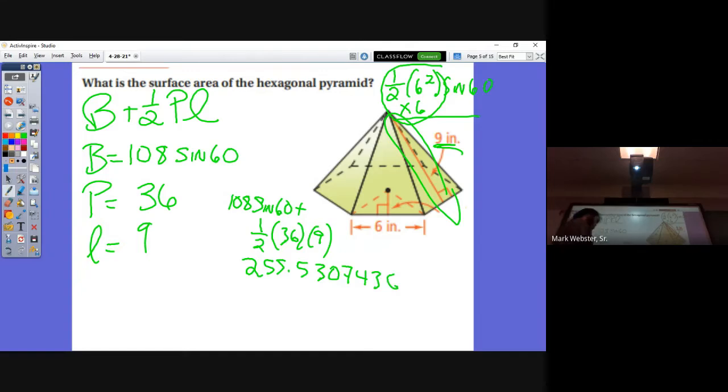Remember, we want to round that to the nearest 4 decimal places. We got 255.5307. And my units are inches squared.